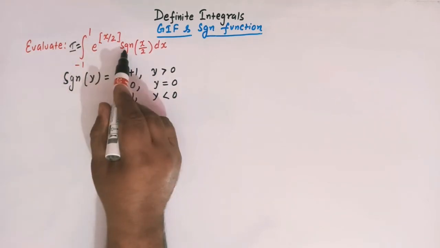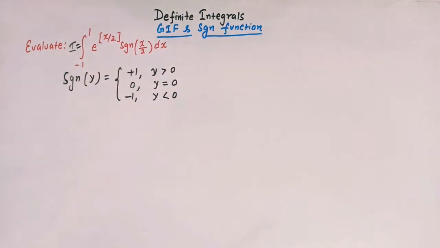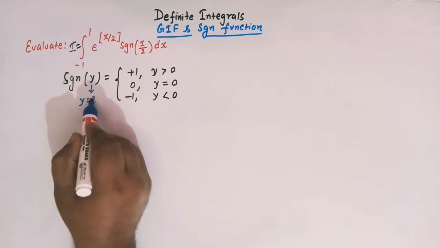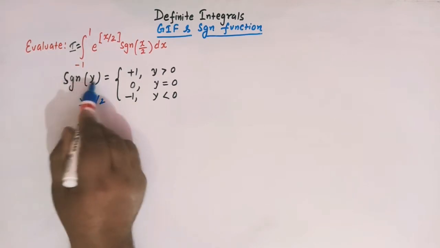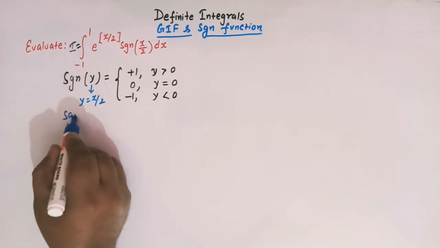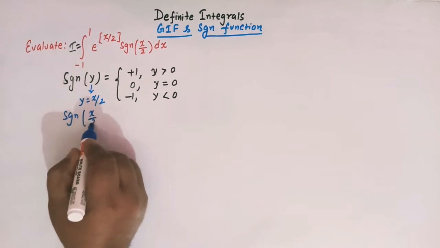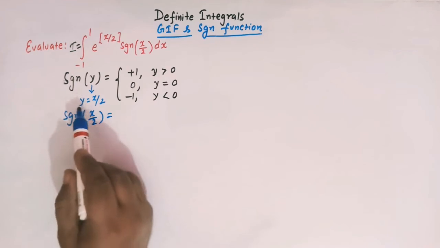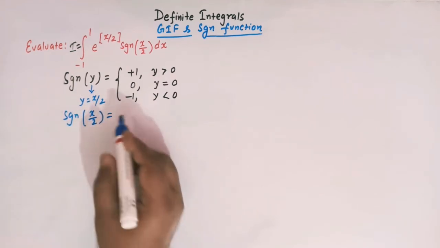So here we have signum of x over 2. Now if we replace this y by x over 2, right? So we'll get signum of x over 2, right? So we'll apply this definition to y is equal to x over 2.